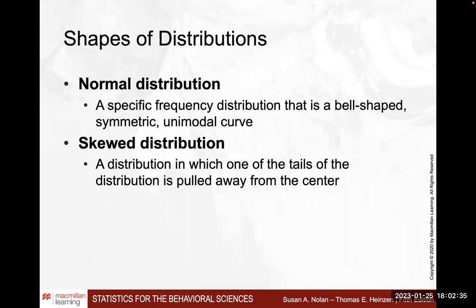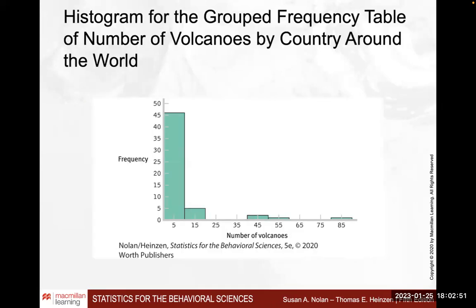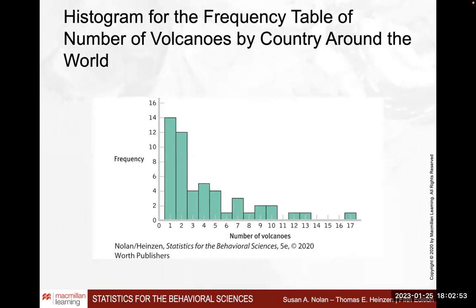So you have now the normal distribution and the skewed distribution. You have a specific frequency distribution that is a bell-shaped symmetric unimodal curve is a normal distribution. What does that mean? When you see the distribution of these frequencies, this is not a normal distribution.